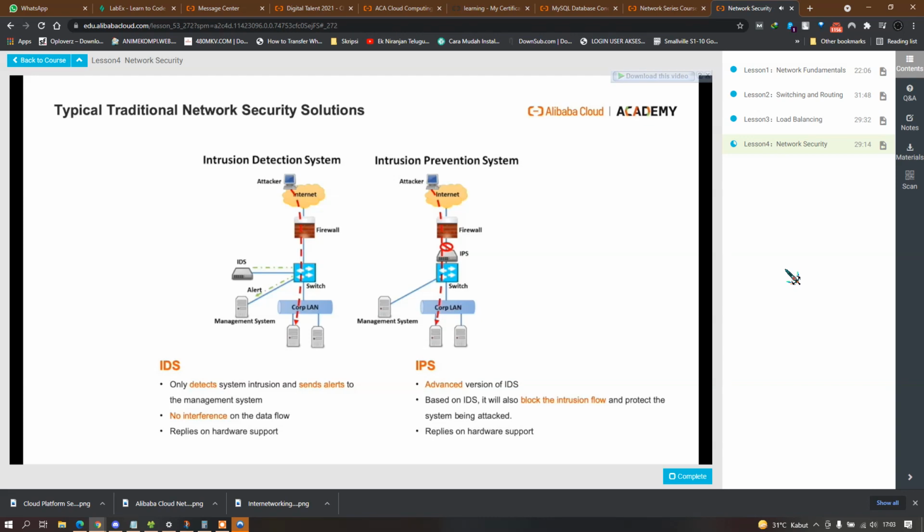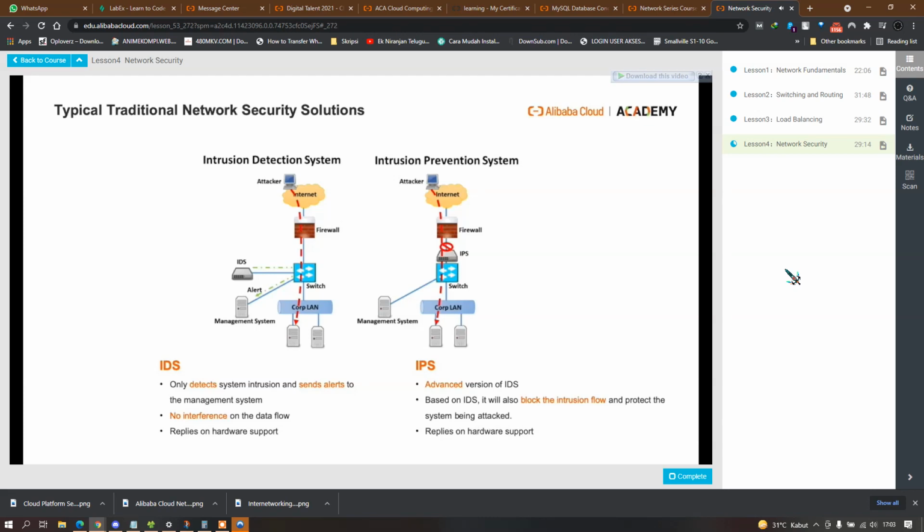If the system is attacked by something like DDoS or some other malicious access, the firewall can do just little. So in this scenario, we will use IDS and IPS to protect our system. So here we will see what IDS is and what IPS is.